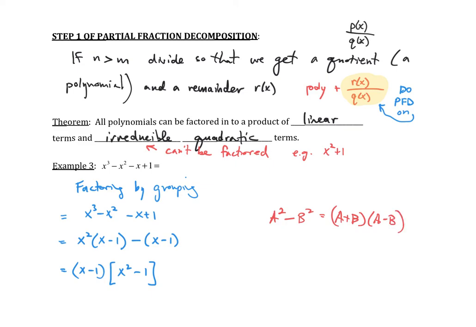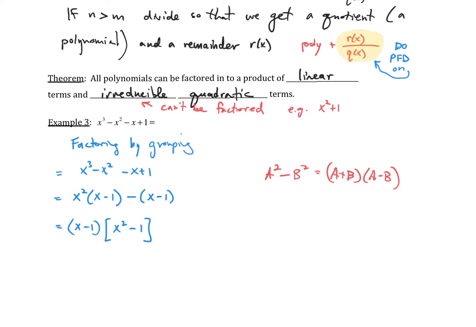So our polynomial is going to factor as x minus 1 times x plus 1 times x minus 1. So it's in fully factored form. We could write this as x plus 1 times x minus 1 quantity squared. Okay, so let me just highlight that. That's our factored polynomial.